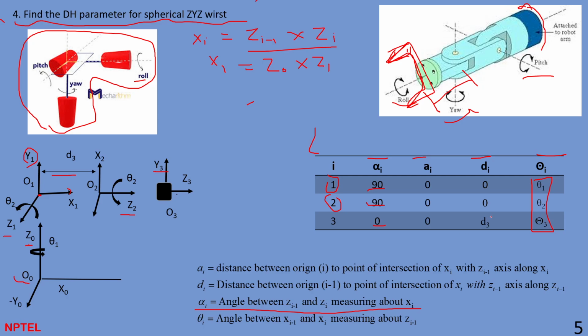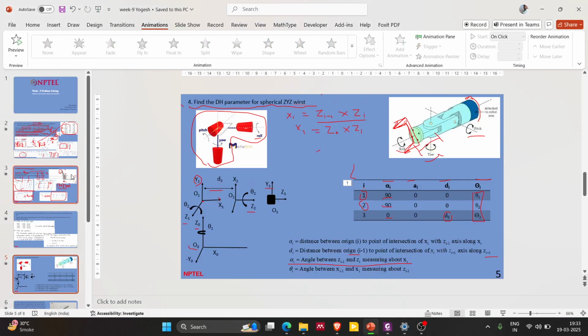And d3 can easily be calculated. D3 is the distance between origins, measured along z(i-1). So you put i equal to 3, and d3 should be here.